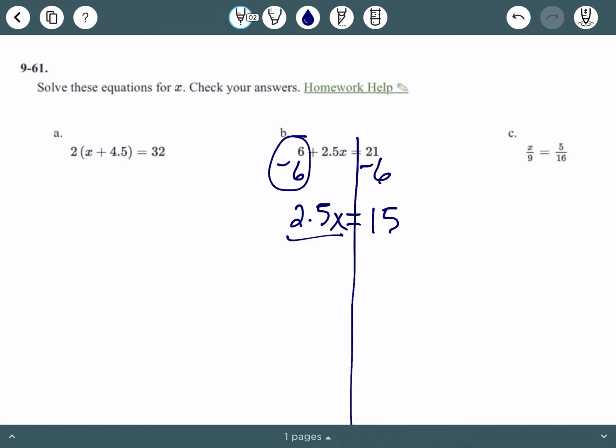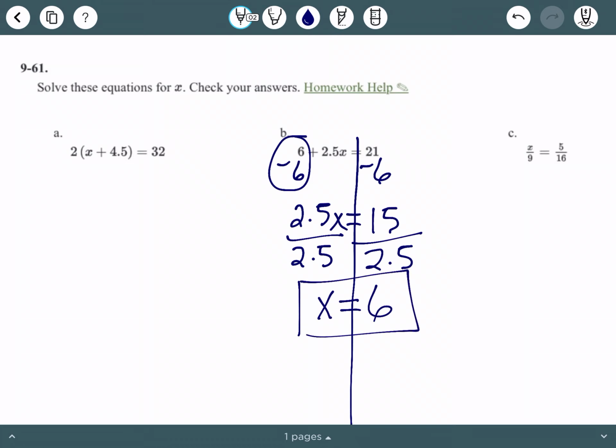Now we need to get x by itself, so we'll divide by 2.5. Have to do that on both sides. And 15 divided by 2.5, you should get 6. So x equals 6.